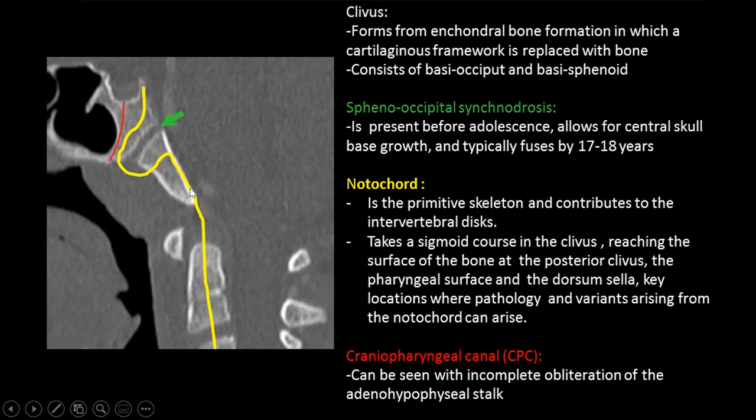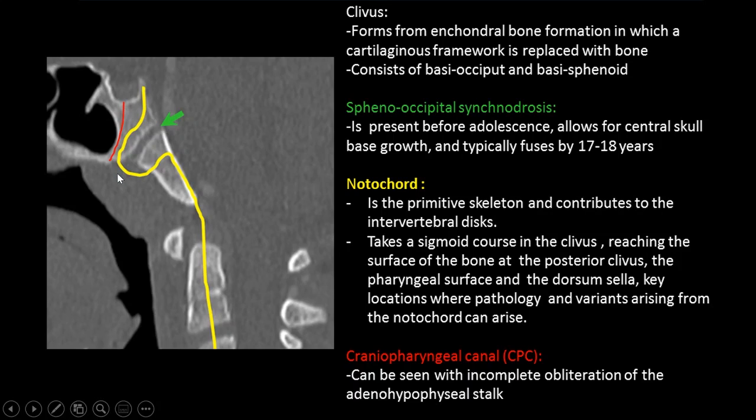It's important to be aware of this sigmoid course of the notochord through the clivus, as there are numerous lesions that occur along this course, both normal variants as well as pathologic lesions.